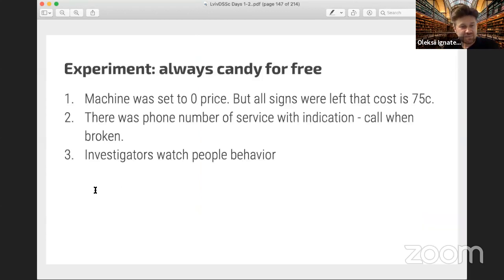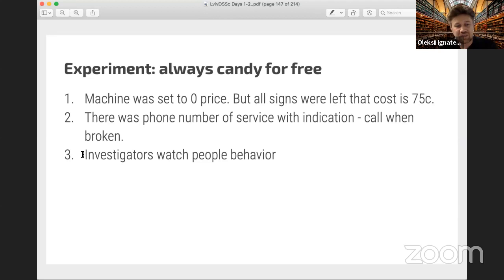But then they set the price to 0. So in the new regime, the machine worked like this: you put in $1 and you always get $1 back and candy. So it's like candy for free. But all signs were left saying that the cost is actually 70 cents. And there was a phone number of the service with indications that if the machine is broken, please call.